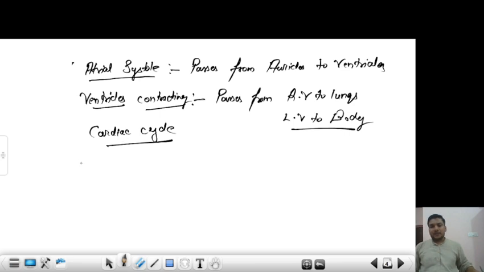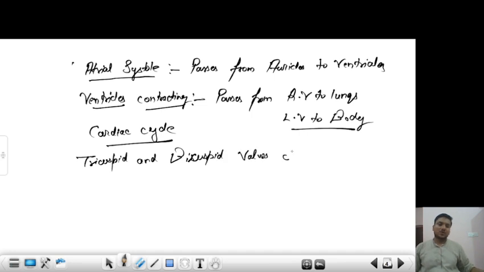When the tricuspid and bicuspid valves close, they produce a sound, that is lub.